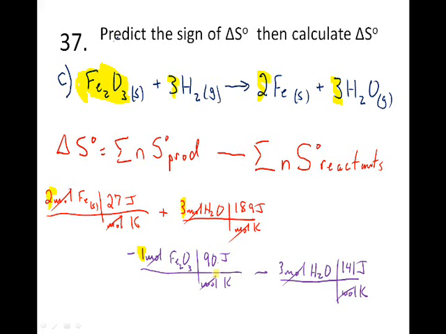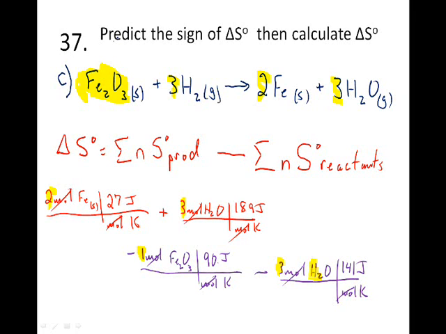minus, we're also subtracting the entropy of 3 moles of, oops, why did I write H2O? I think that's just H2 there, and double checking my work back here to make sure I have the right number, 141. This is 37C. Yes, it should be.